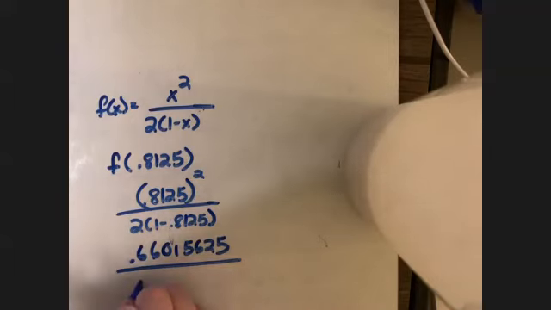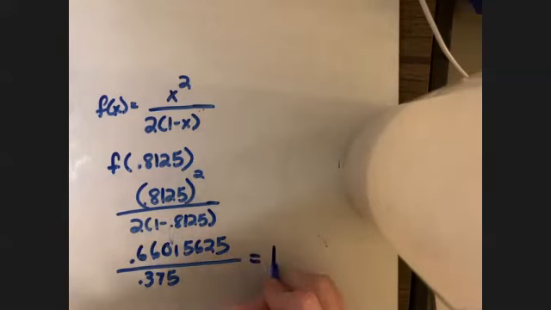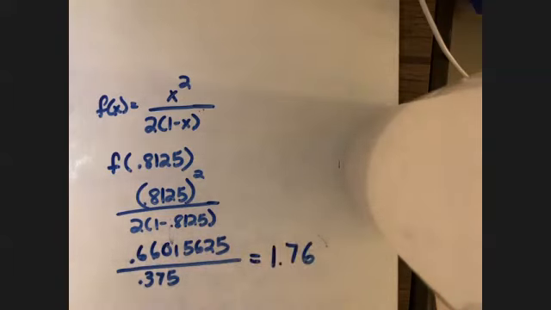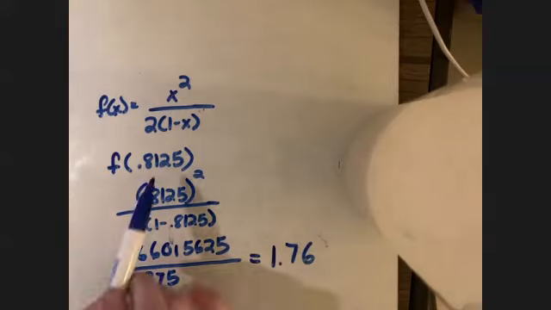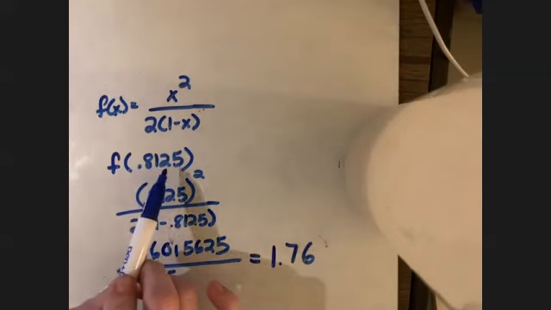And I get 0.375 on the bottom. So then doing that division, we get that this is 1.76 roughly. So we're saying that there are roughly 1.76 cars waiting to get into this parking garage or this parking ramp when the traffic intensity level is this.